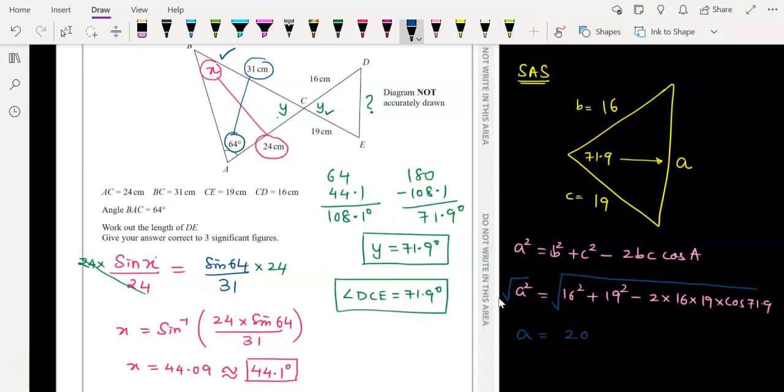So A is 20.69. It says round to 3 significant figures, so I need only the first 3 digits. Since 9 is big, you add 1, the final answer will be 20.7 centimeters, and A is nothing but side DE. So DE is 20.7 centimeters. Okay, that's it for this question. Let's move to the next question.